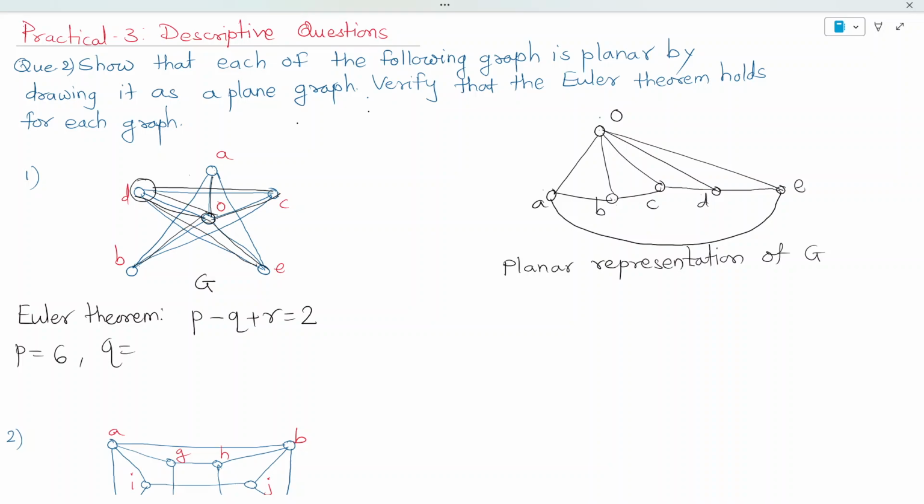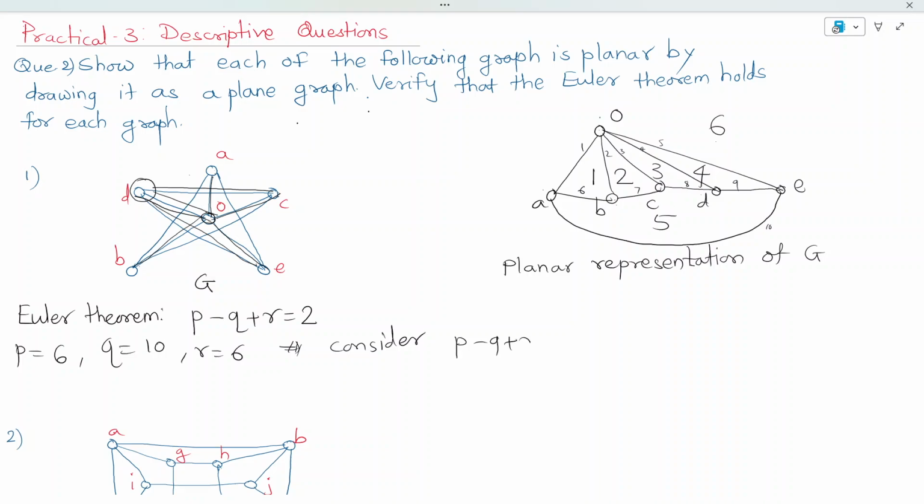How many edges are there in this graph? First, second, third, fourth, 5, 6, 7, 8, 9 and 10. Number of edges is 10, and number of regions is 1, 2, 3, 4, 5 and the last region is the infinite region, that is 6.